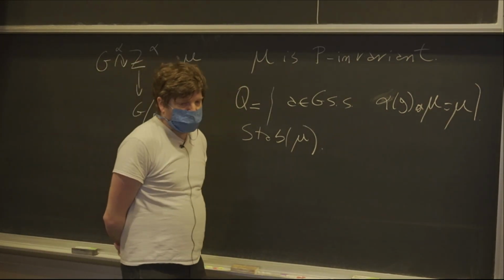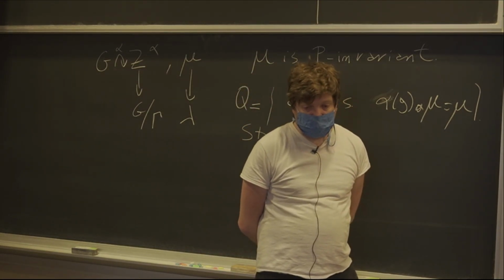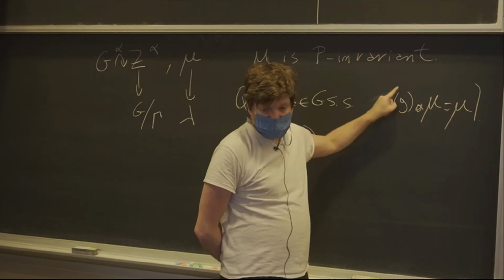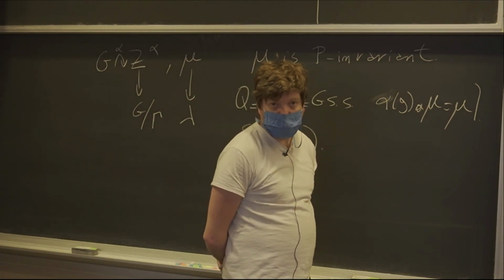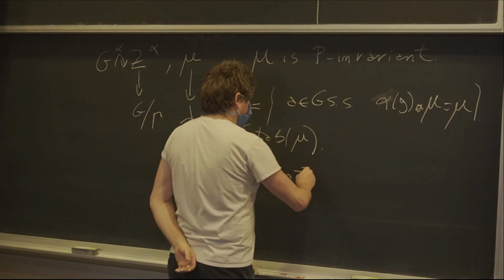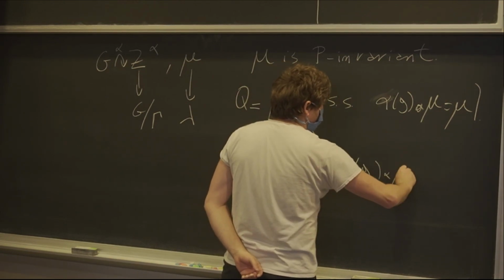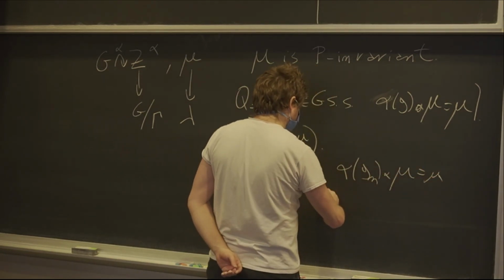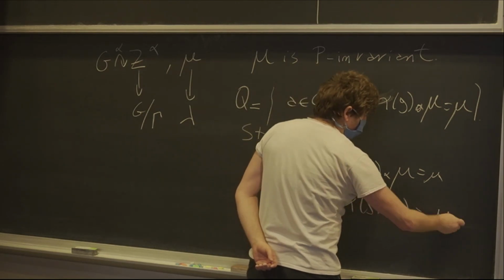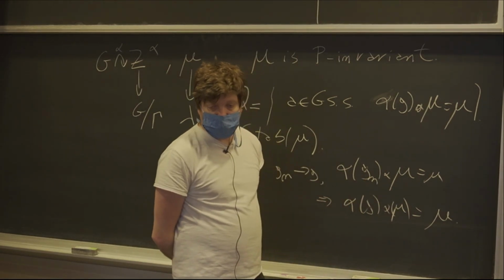And now the stabilizer of a measure is naturally a closed space, just by definition of topology and continuity of this operator acting on the measures. Okay, so if g_n goes to g and alpha of g_n star mu equals mu, then alpha g star mu equals mu as well, because the limit of these is this one, and that's it.